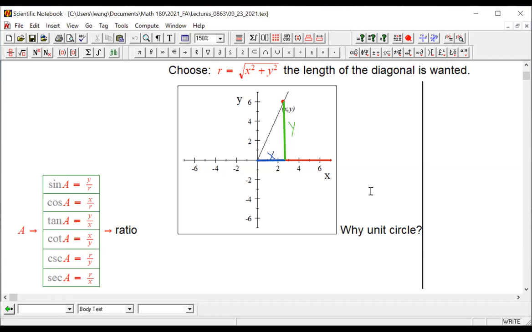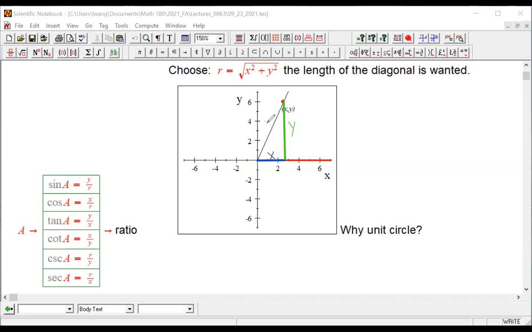The early mathematicians, just like us, had a math problem, and they tried to simplify it so that it becomes manageable. For example, right now the point I've chosen can be anywhere, right?